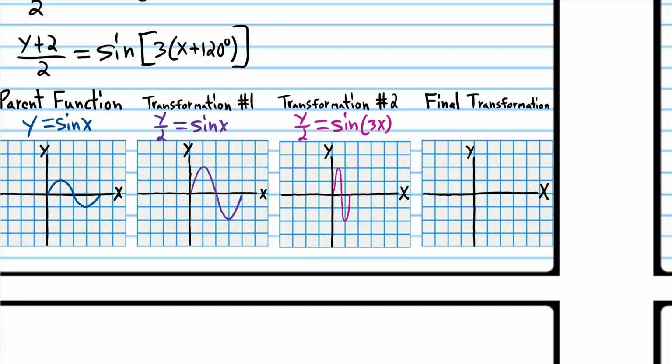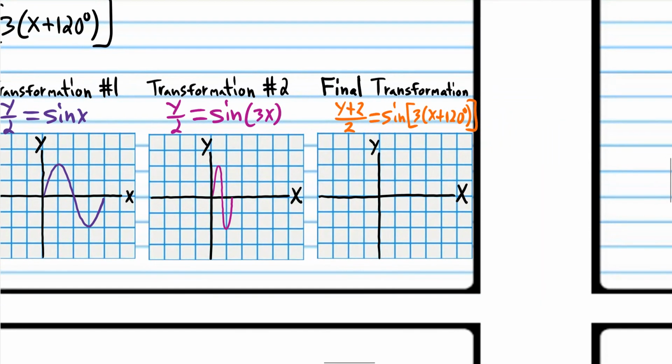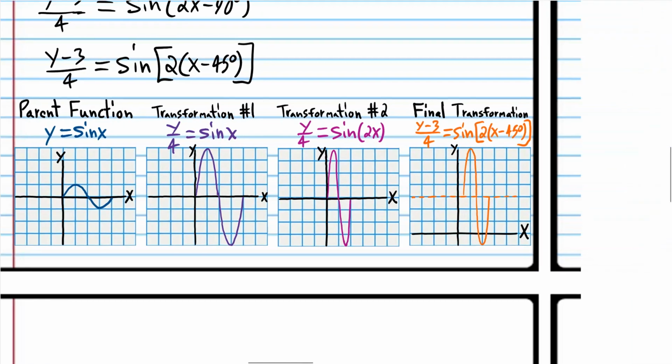So now we're going to add 2 to y, and we're going to add 120 to x. So what that does is it moves the graph down 2 units.